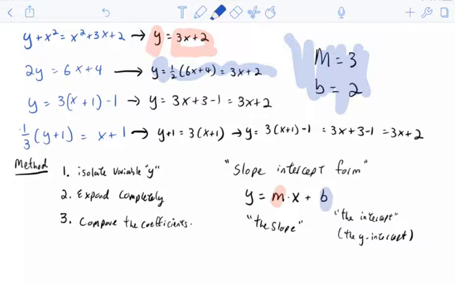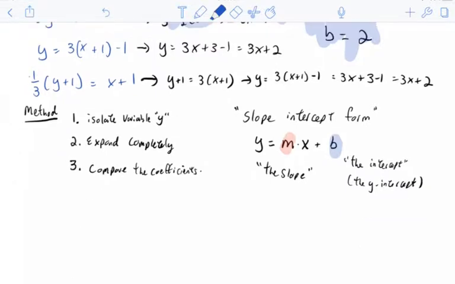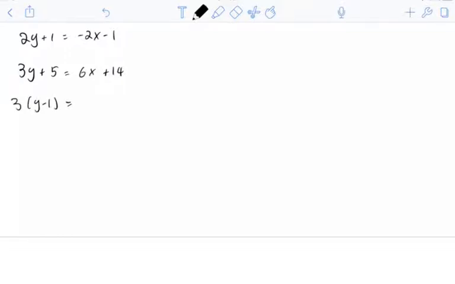So this is a useful enough skill that I want you to practice it and be good at it. So we're going to work through another example or two. Consider these three. 2y plus 1 is equal to minus 2x minus 1. 3y plus 5 is equal to 6x plus 14. And 3y minus 1 is equal to minus 6x minus 2.